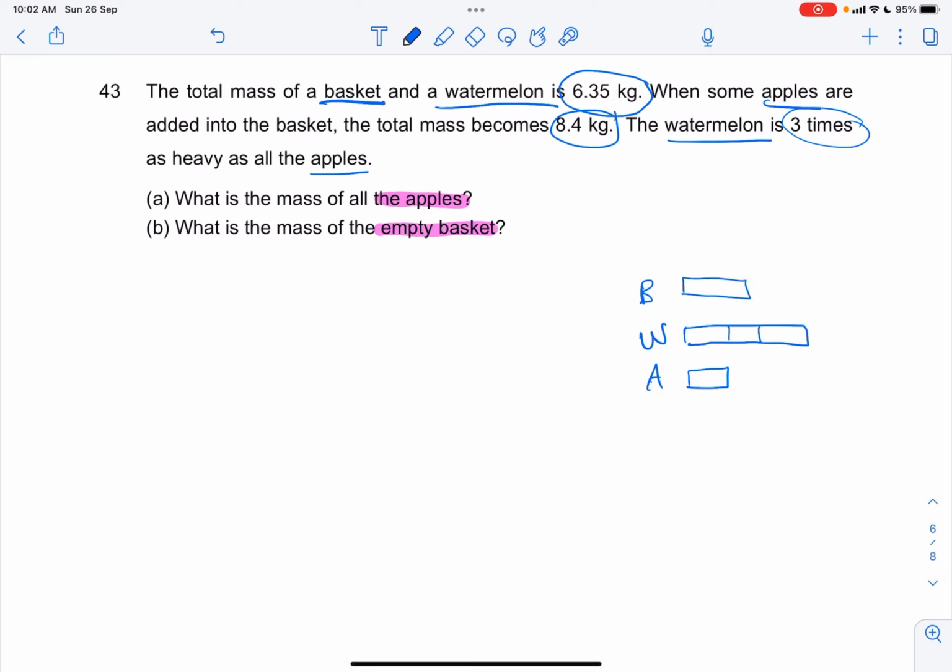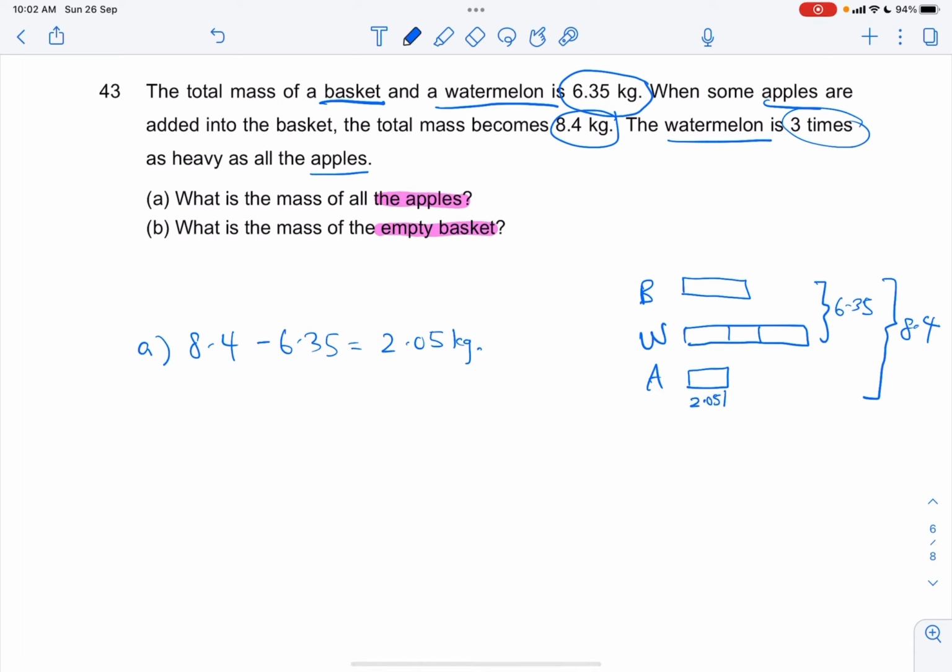The total mass of this is 6.35 and the total mass of everything is 8.4. So we could find the mass of one apple, which is to find the difference. So 8.4 minus 6.35 will give us 2.05 kg. So the mass of the apple is 2.05 kg.